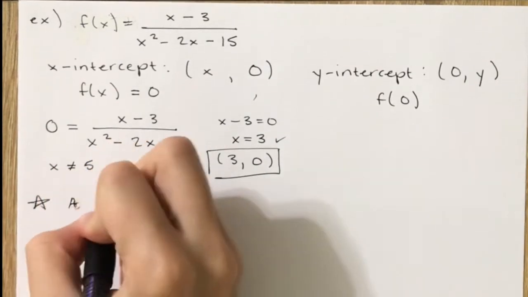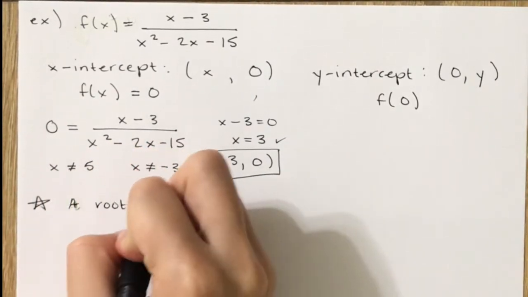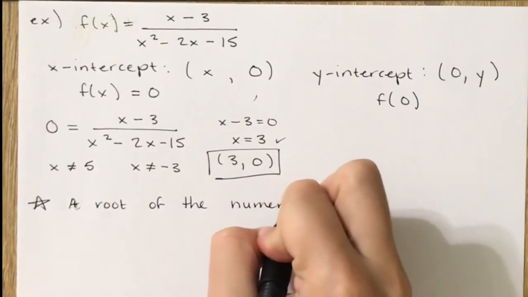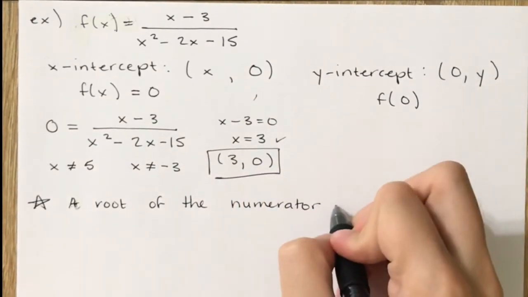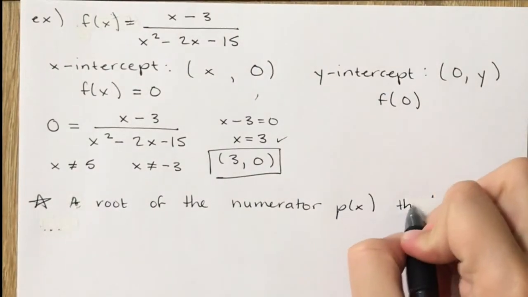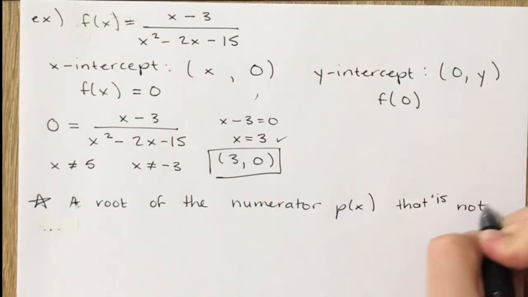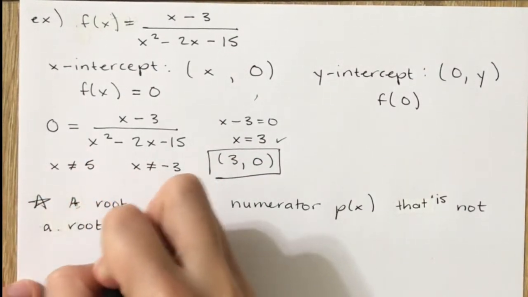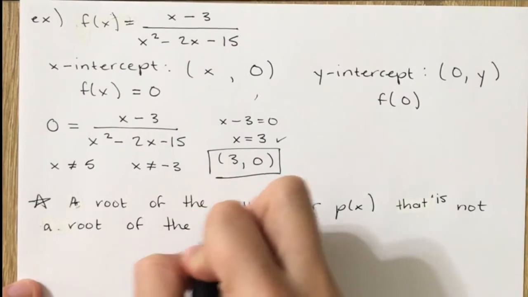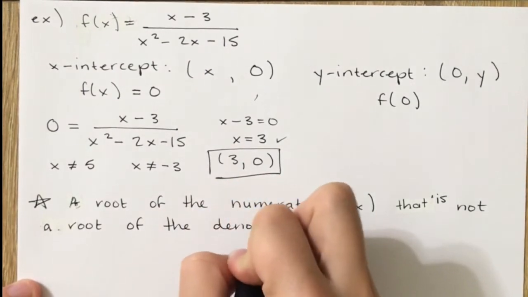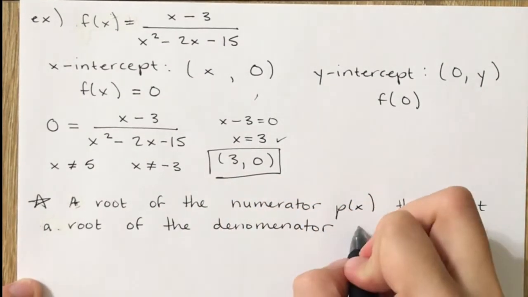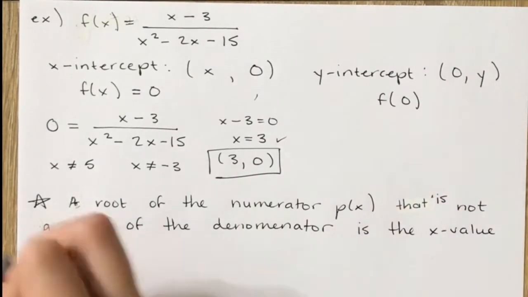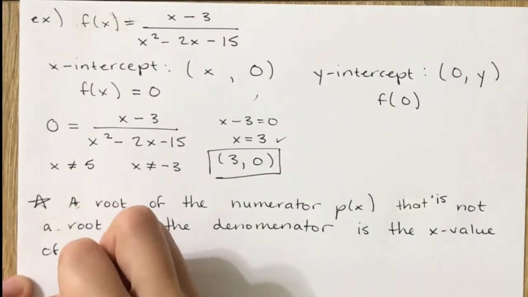So a root of the numerator, p of x, that is not a root of the denominator, is the x value of an x-intercept.